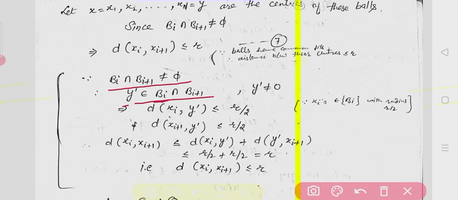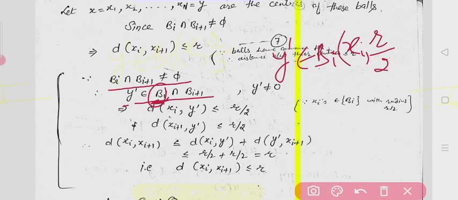That Bi having the center xi and radius r by 2. So you will say that y dash और xi के बीच में डिस्टेंस क्या होगा? लेस देन इक्वल टू r by 2, because y dash belongs to Bi. So Bi means इसका सेंटर क्या होगा? आपका xi, and radius हम सभी बॉल्स की क्या लेकर चले? r by 2. So you say that distance between y dash and xi that will be less than equal to r by 2.